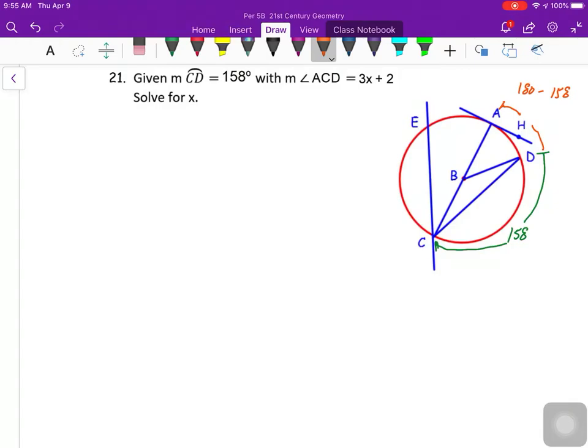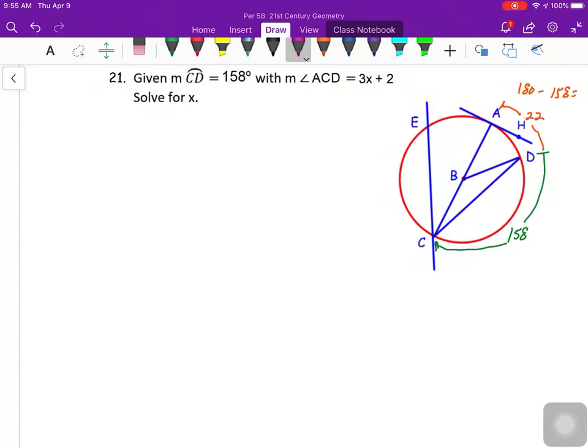I think that we can find this one right here. We'll just take 180 minus 158, and we get 22.